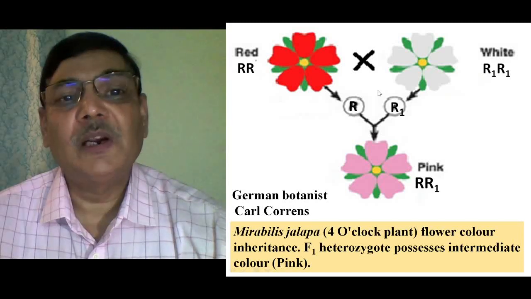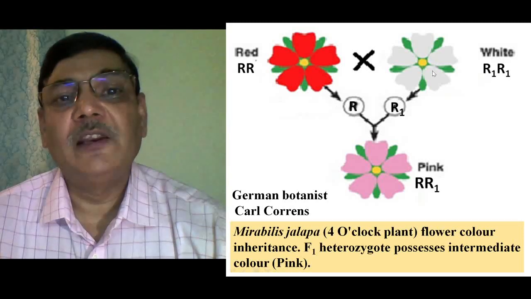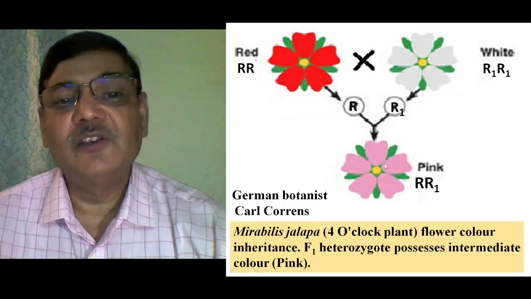And when these two plants are crossed, then the gametes formed in red one will be capital R, and in white one it will be R1. So when these two alleles combine, then in next generation plants will have genotype R R1, and this genotype actually causes pink color. So neither red is appearing in the next generation nor white is appearing, rather it is a mixture of both.